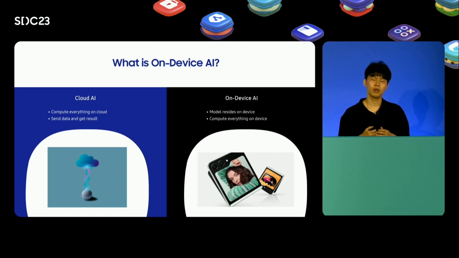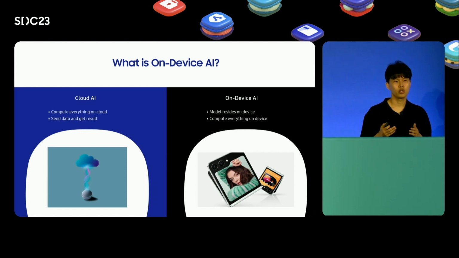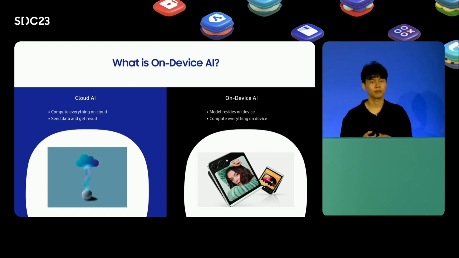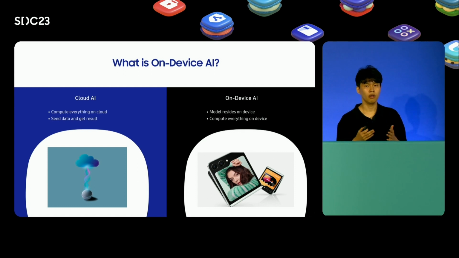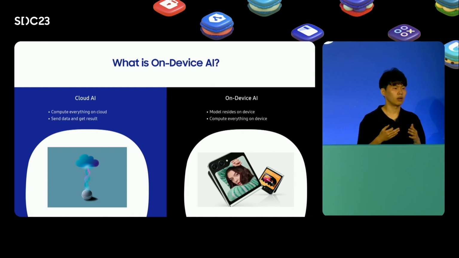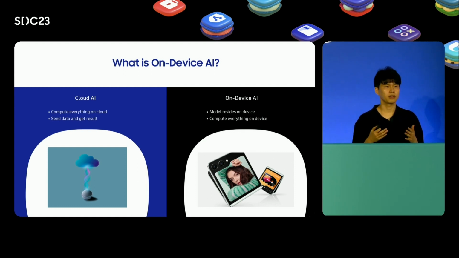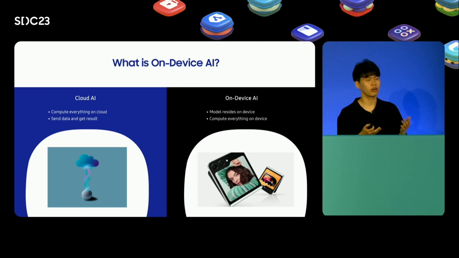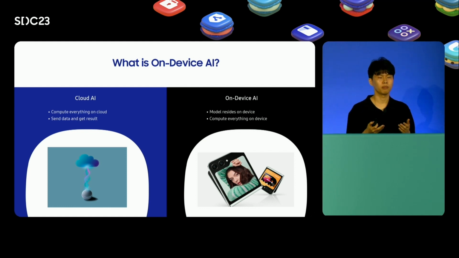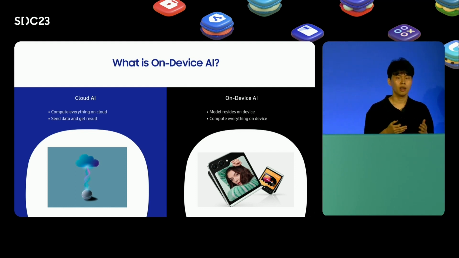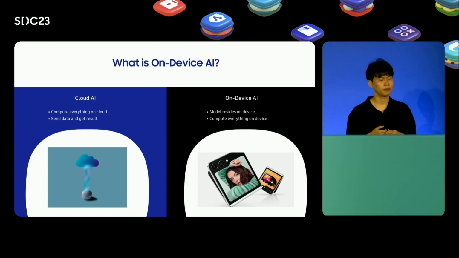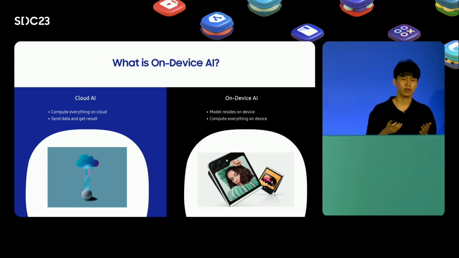Therefore, the user data should be transferred from the device to the cloud. On the other hand, an on-device AI system keeps the model, which is trained and deployed by the cloud infrastructure, at each device. Therefore, computation and user data are kept on the device.